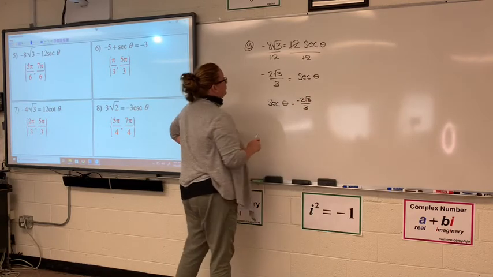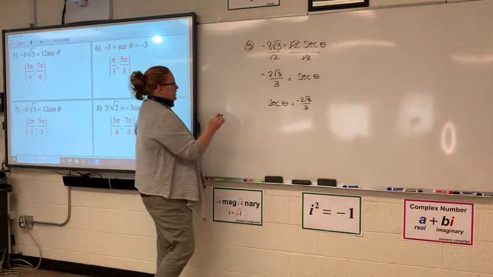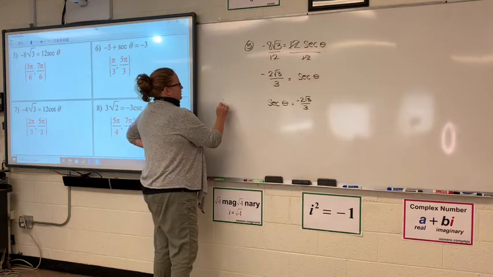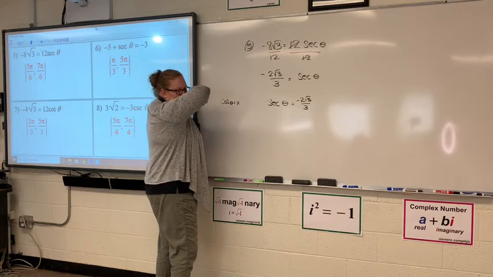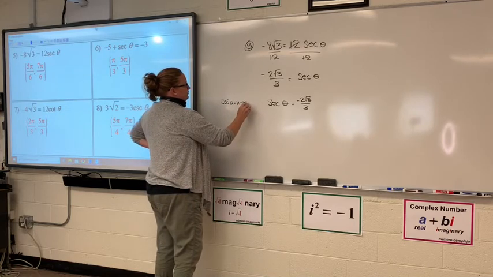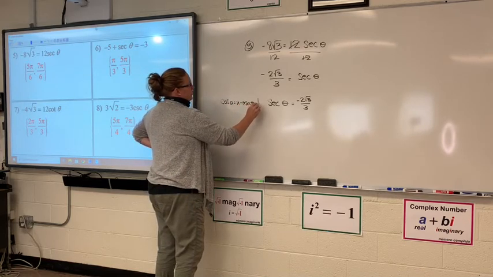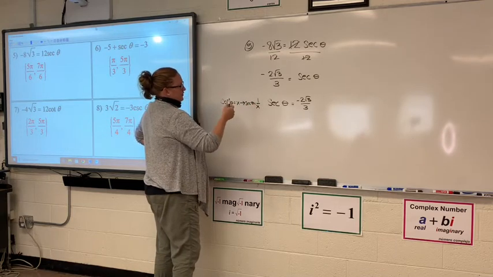So no extra work or anything, we just have to figure out where secant is equal to that. So let's first remember that cosine is x, and this will be the reciprocal, which is 1 over x. Okay, so it's that flipped.